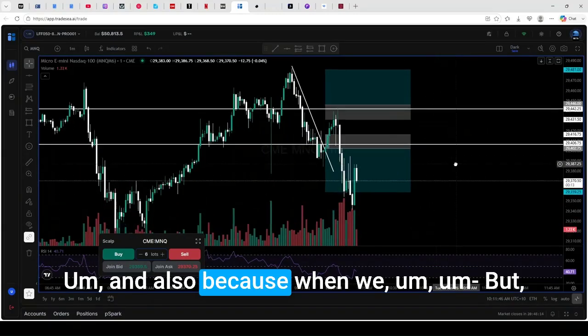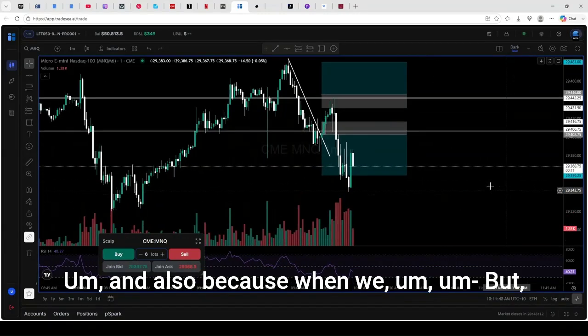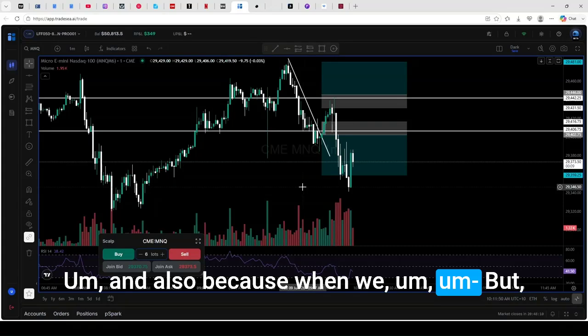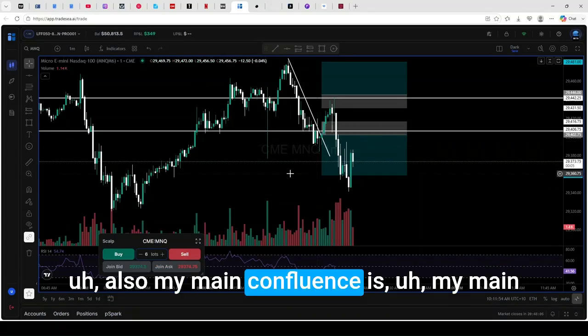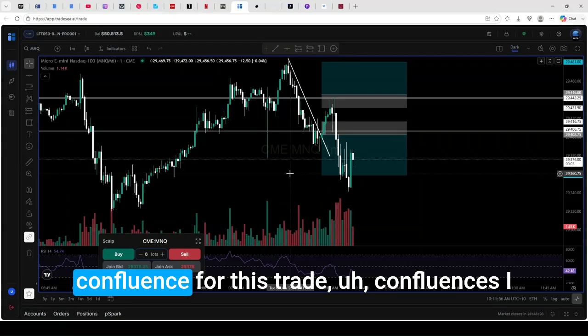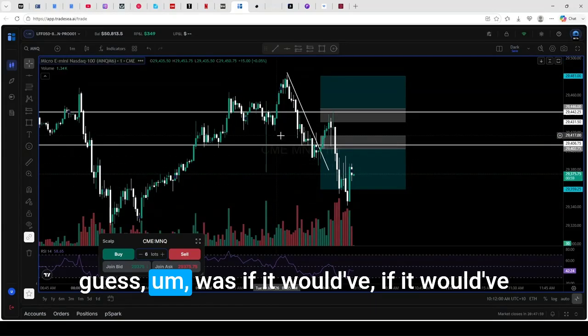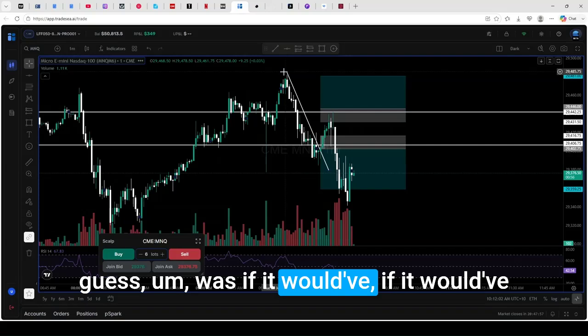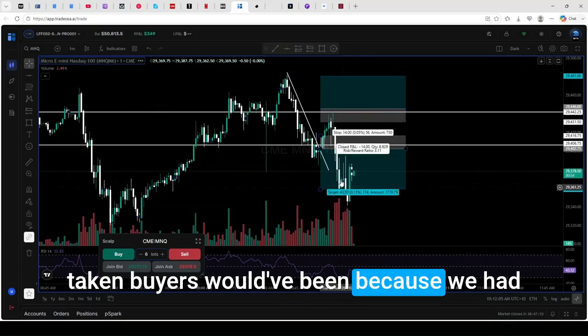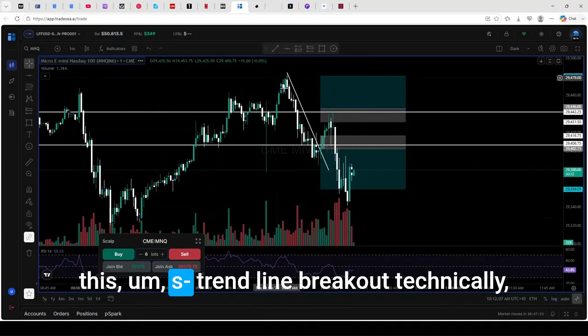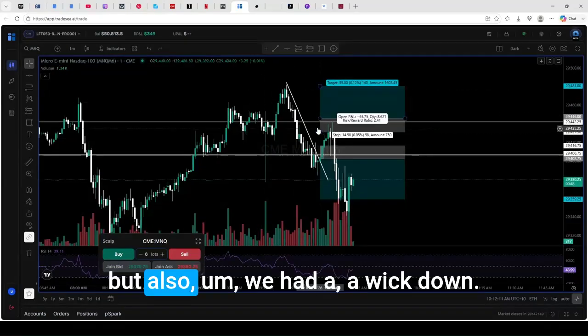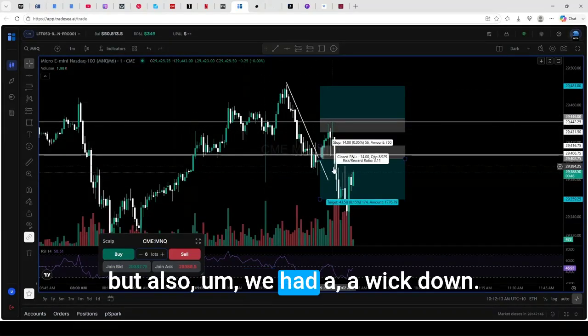My main confluence for this trade, if we were to take buys, would have been that we had this trend line breakout technically, but also we had a wick down.